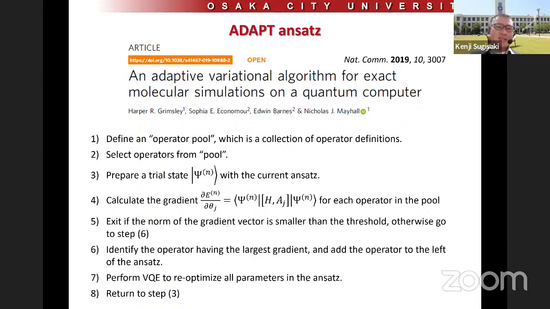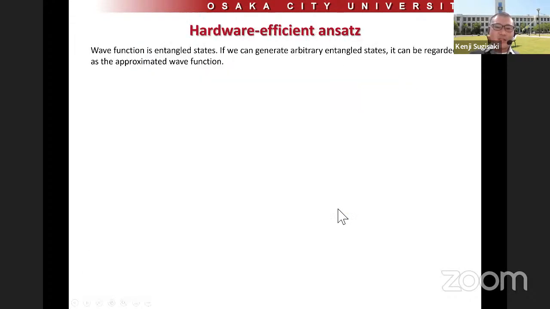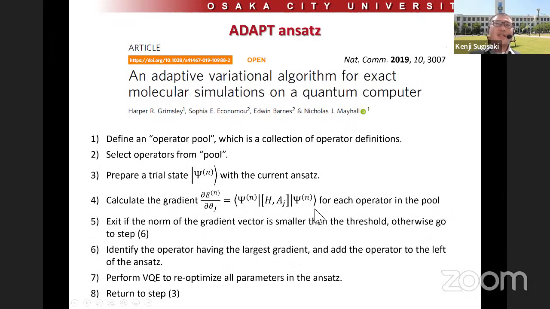And then we select another operator by calculating the gradient, and then perform another VQE with 12 parameters, and so on. And if the energy change becomes very small compared to the previous step, the adaptive VQE is terminated. So basically this is the approach to include the excitation operators having larger contributions.